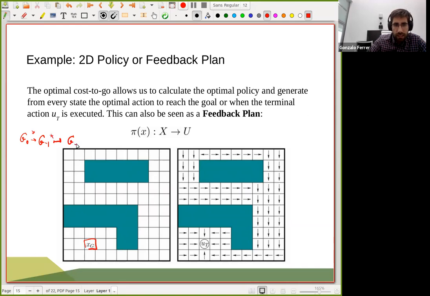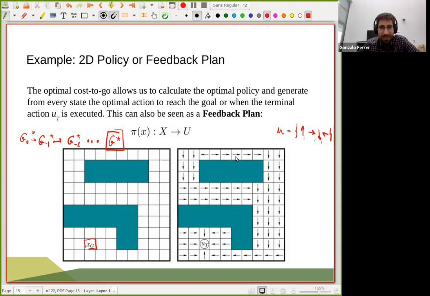We keep increasing the number of iterations until convergence, until we get just this. Once we have the optimal cost-to-go function, we apply the minimization, or maybe save a table, and we get a result like this. All these are actions: going up, going to the left, going down, and going to the right. We have this set of actions, and for each state, we know what to do.